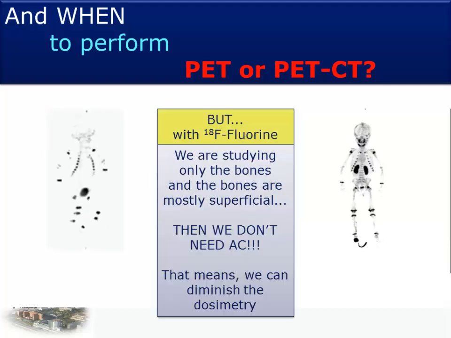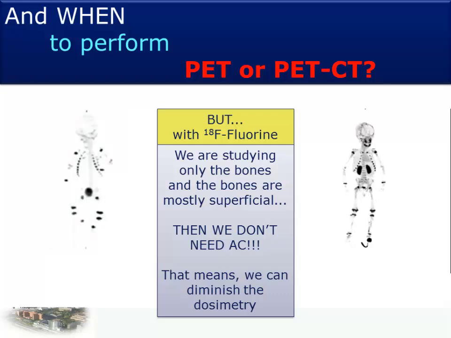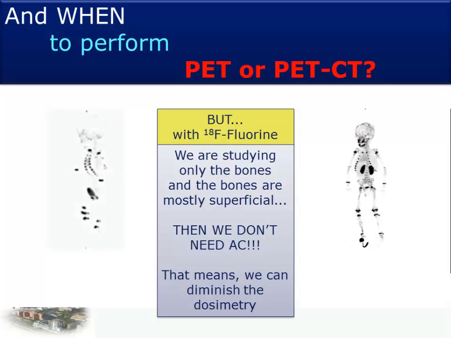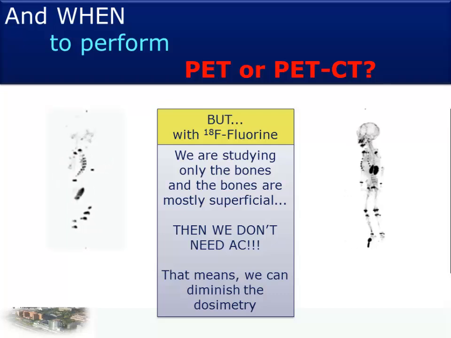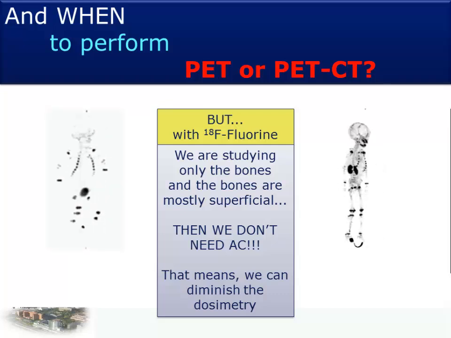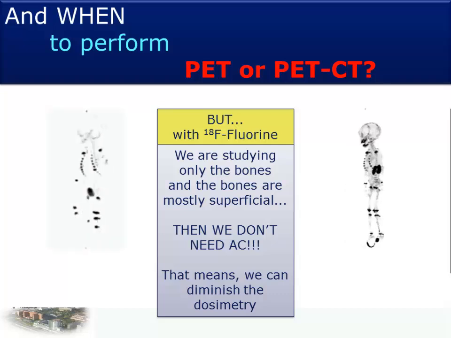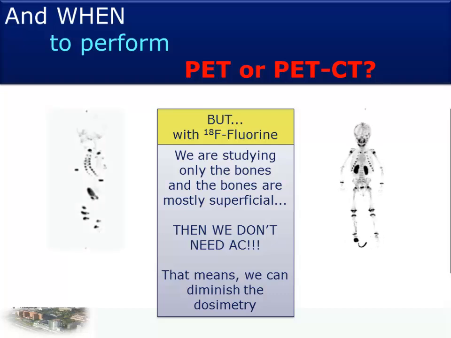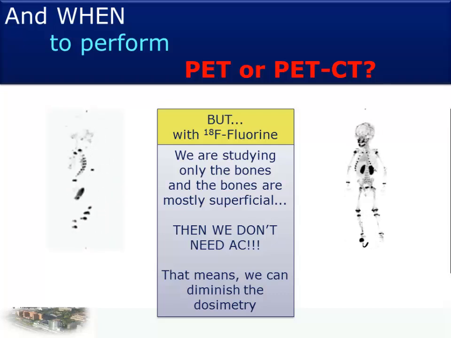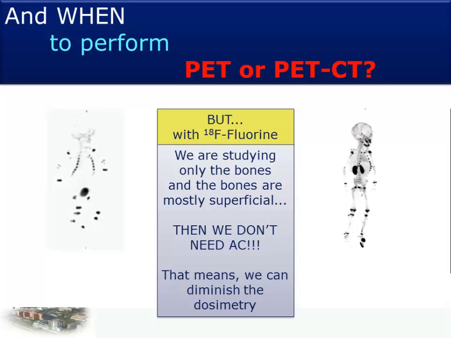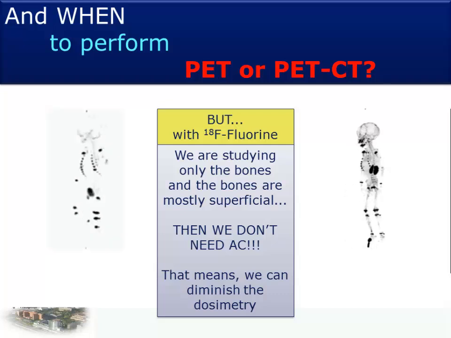But if we perform a PET with fluorine, we are studying only the bones, and the bones are mostly superficial. That means that we don't really need the attenuation correction. And if we don't perform the CT, then we diminish the dosimetry of the exploration by two thirds.